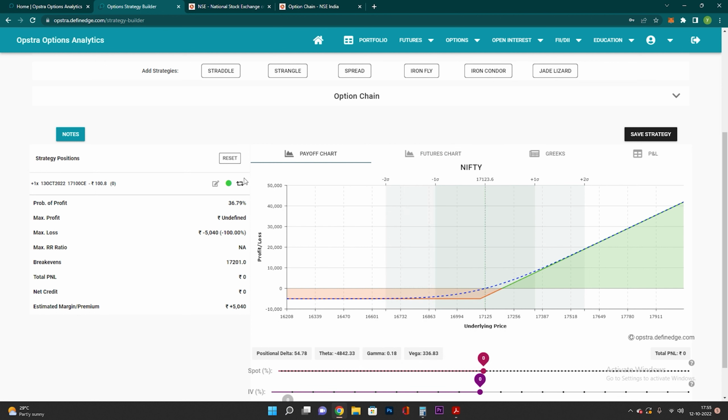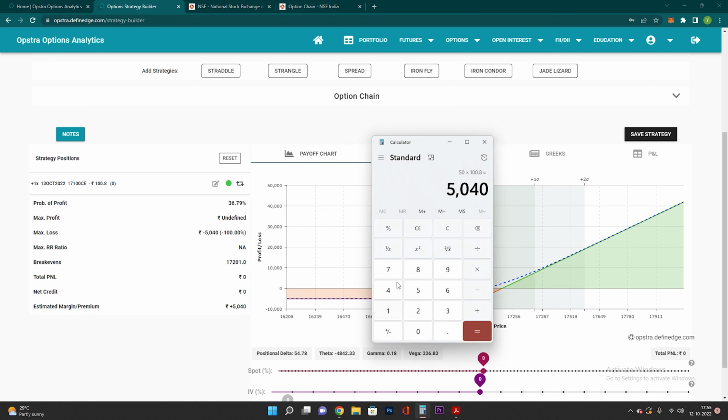The break even point is 17,201. This is calculated by the strike price that you have chosen plus the premium of that strike price: 17,100 plus 100.8 is 17,200.8, roughly 17,201.